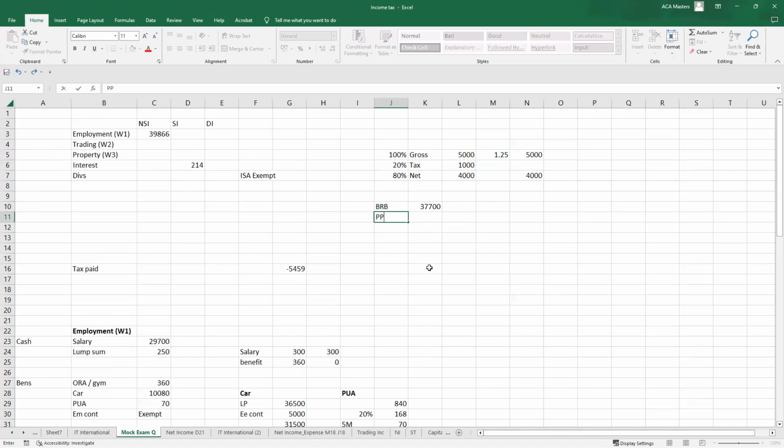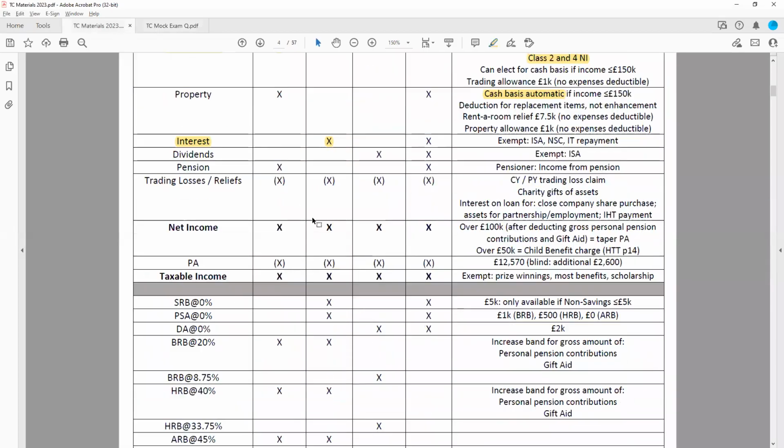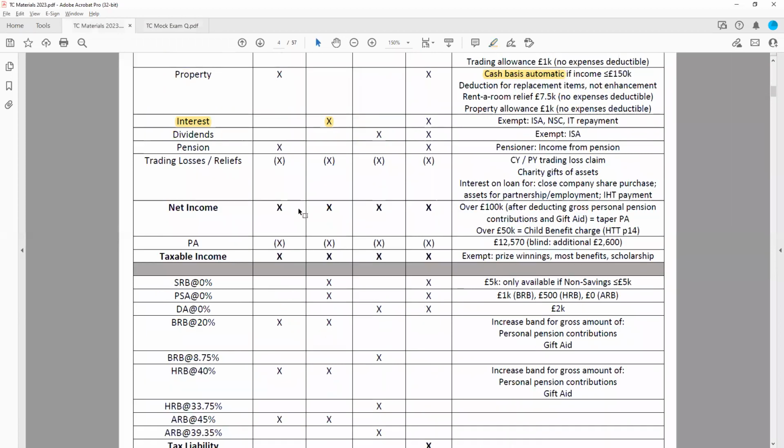This will mean that more of his income, which would have been taxed at 40%, is now going to be taxed at 20%. So we take the gross amount of the pension contribution and increase the basic rate band by that amount. So he's now got a revised basic rate band, which means more of his income is taxed at 20%. And of course, if he was an additional rate taxpayer, then you'd extend the higher rate band as well.